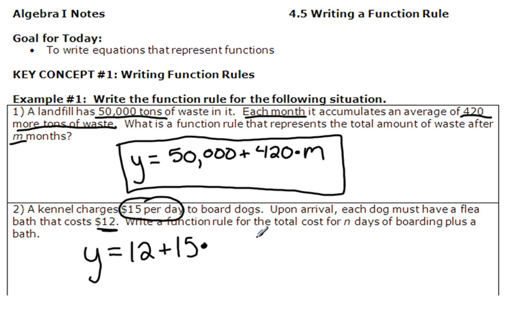If they stayed 2 days, they would be charged $30, 15 times 2, plus the $12 that it costs for the bath. If they stayed 3 days, it would cost $45 plus the $12 for the bath. Since it's not telling me how many days, it's just giving me a variable, this would be 15 times n. And this would be my answer.